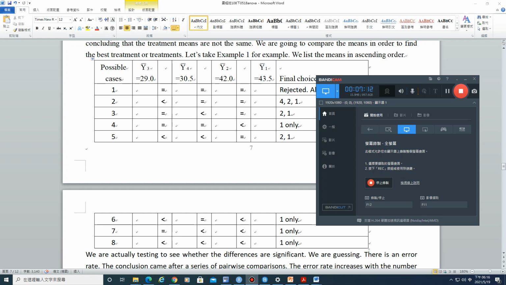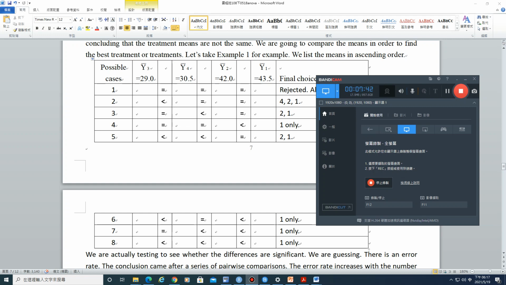We don't know how it is accumulated. But anyway, one thing is for sure. The final conclusion based on the 3 guesses, none of which is 100% precise, is due to an error rate, and the error rate will definitely be larger than alpha.